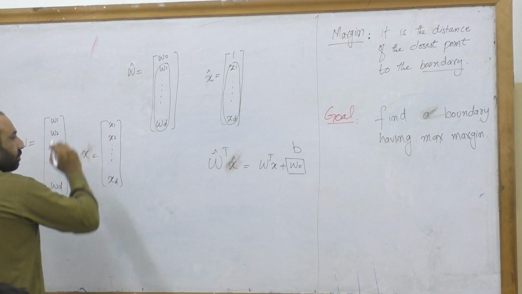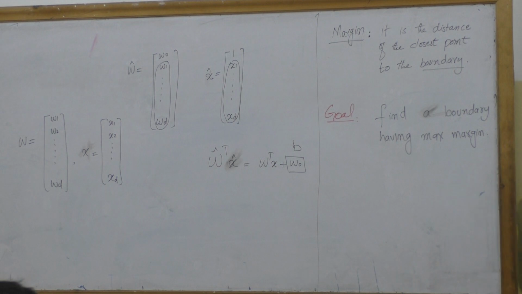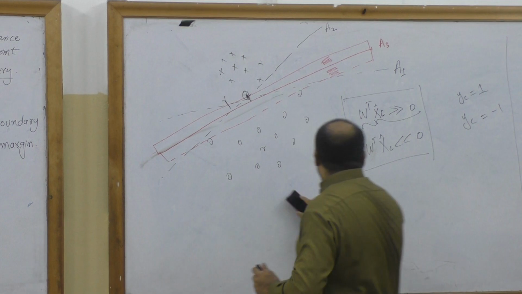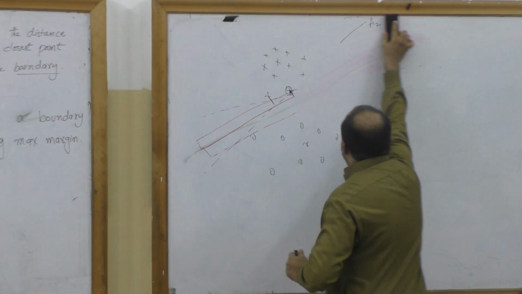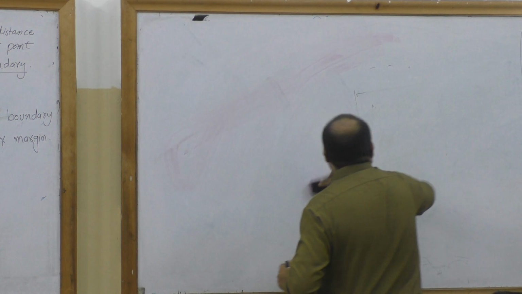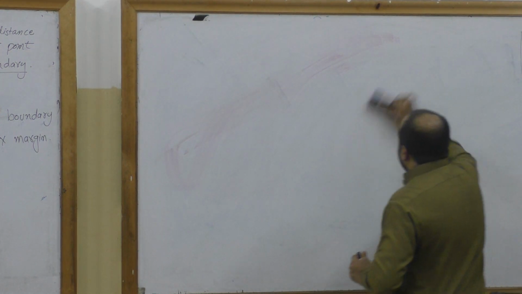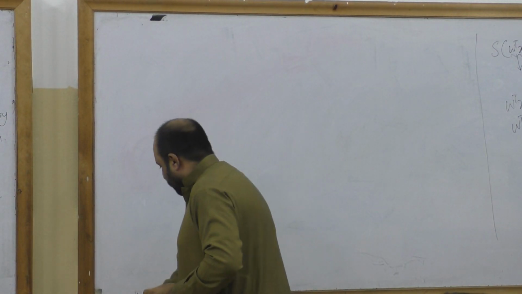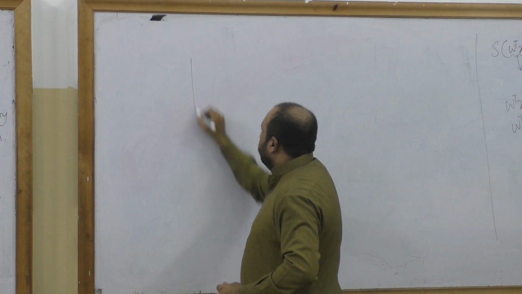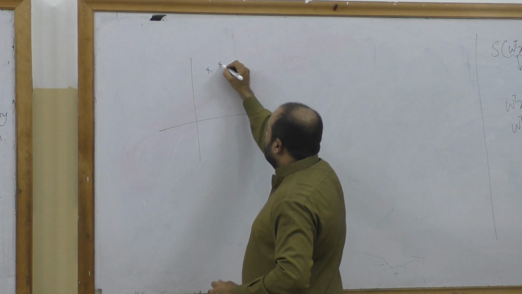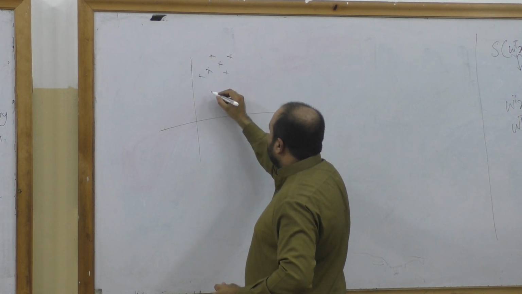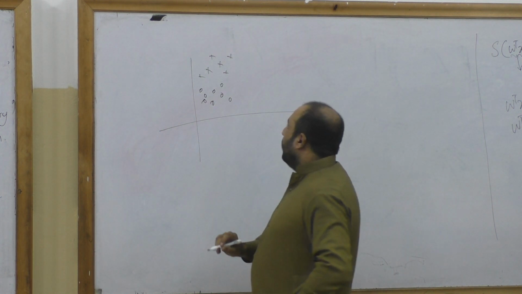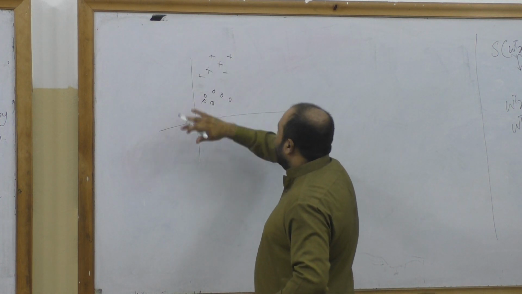Okay, so इसको erase कर दूँ? Yes, sir. This B is... let's say you want to find out some linear boundary from this data.